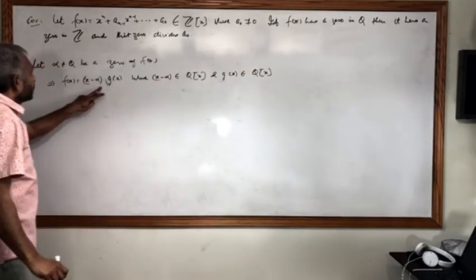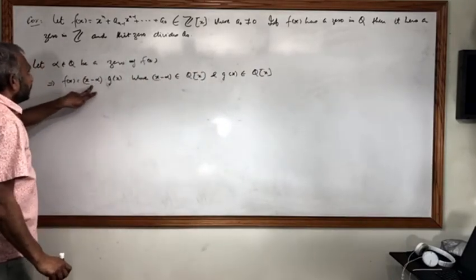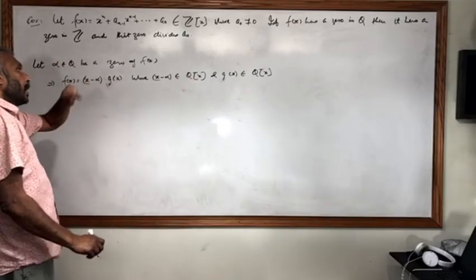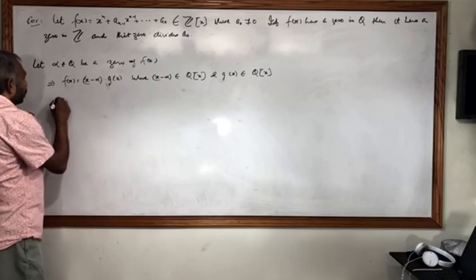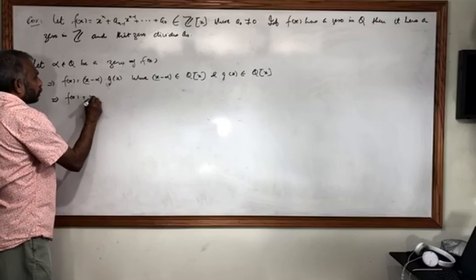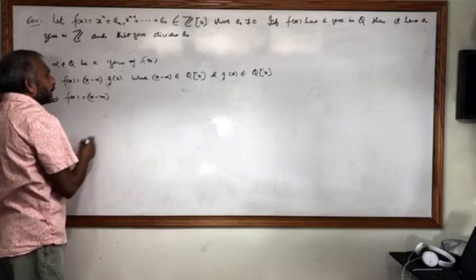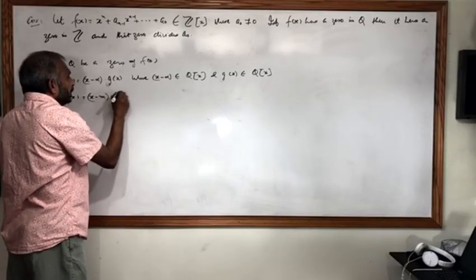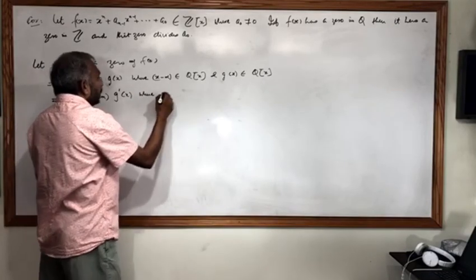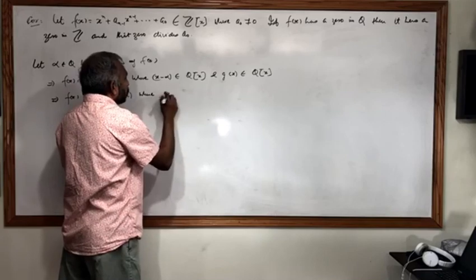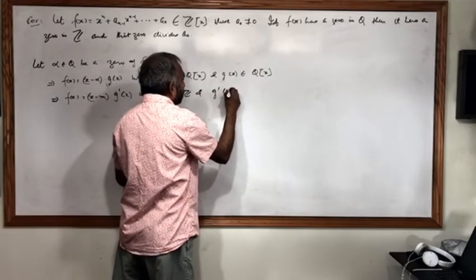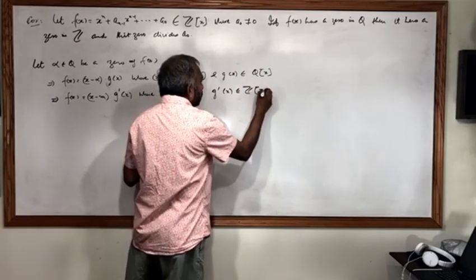And with the previous theorem, if you can factorize in Q of x, you can factorize in Z of x. So that implies f of x is equal to x minus m times g prime of x, where m belongs to Z and g prime of x belongs to Z of x.